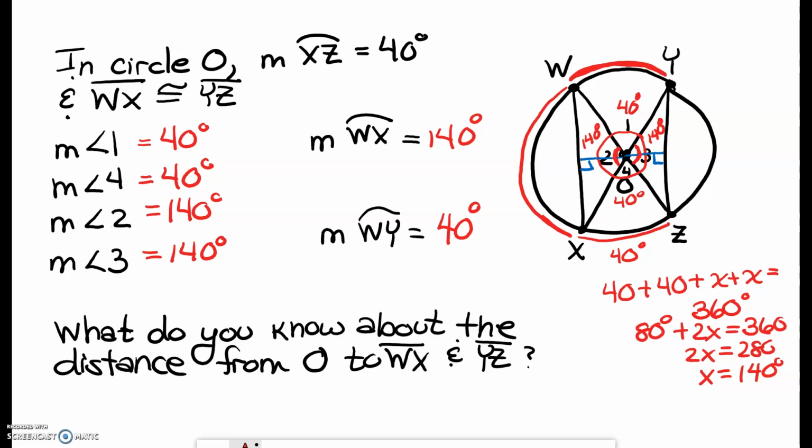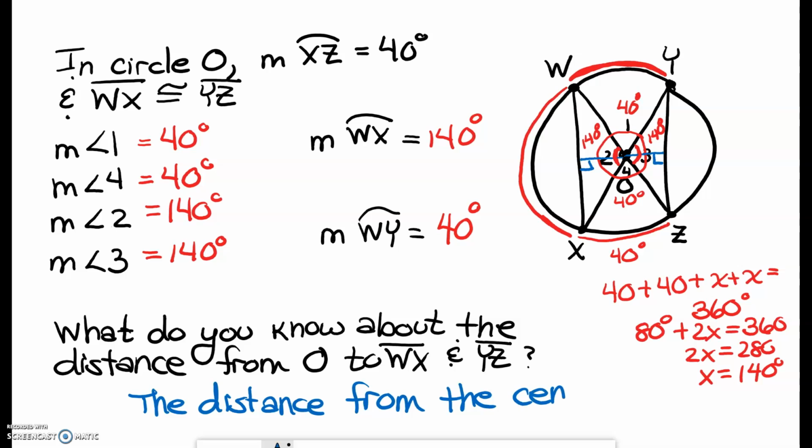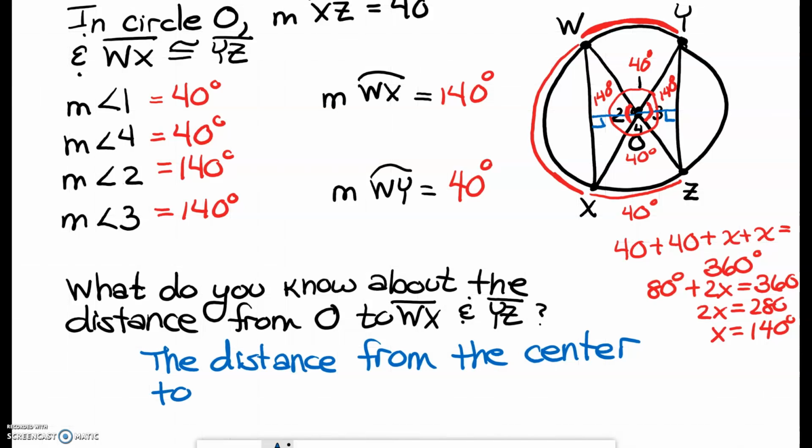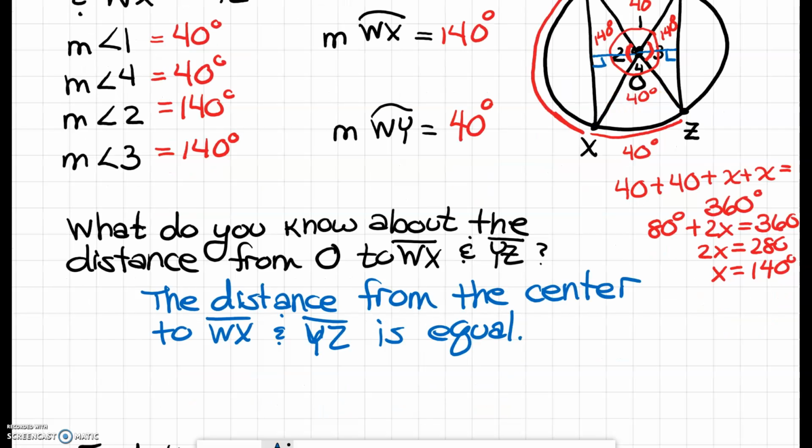Because the central angles are congruent, the distance from the center to each chord is congruent. So the distance from the center to WX and YZ is equal, because the central angles are equal.